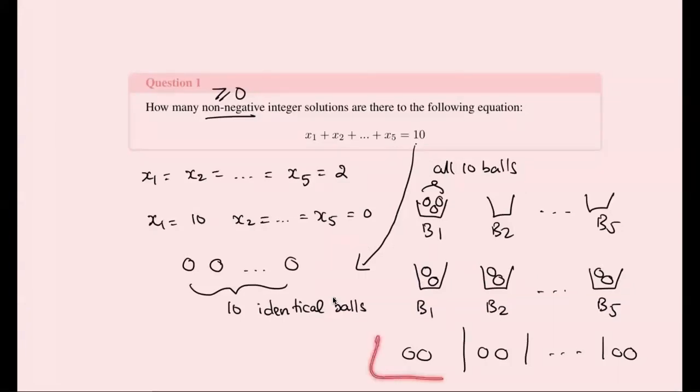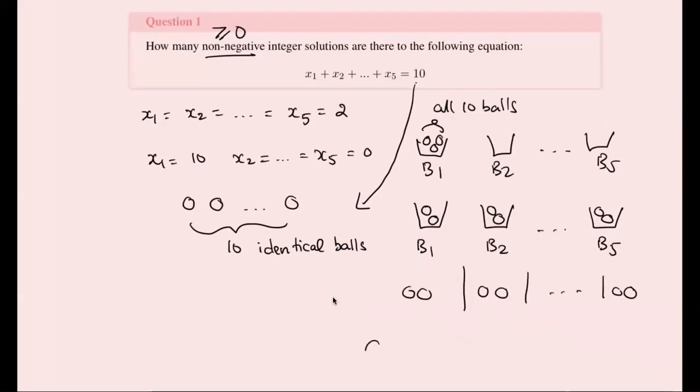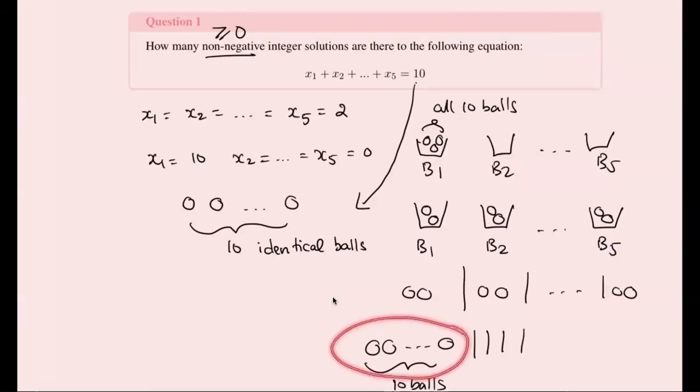This one means that my bin 1 has 2 balls. This one means that my bin 2 has 2 balls. This, my bin 5 has 2 balls. If I put all 10 balls next to each other, and then all 4 vertical lines next to each other like this, what it represents is my bin 1 has 10 balls.